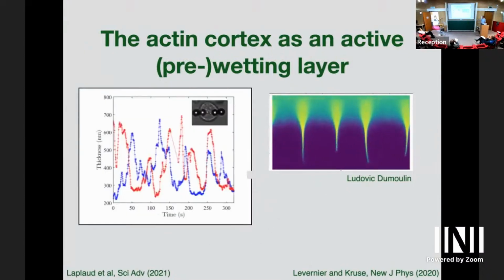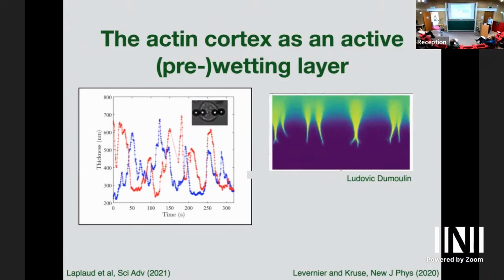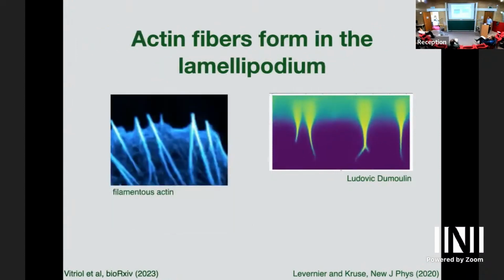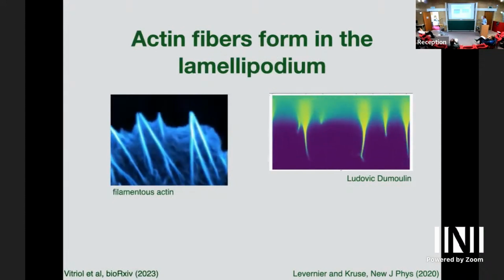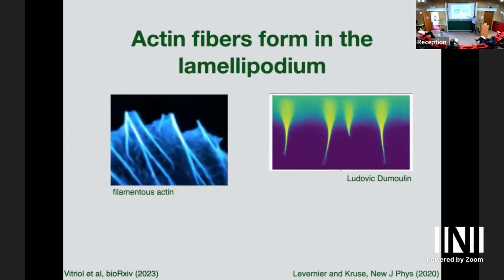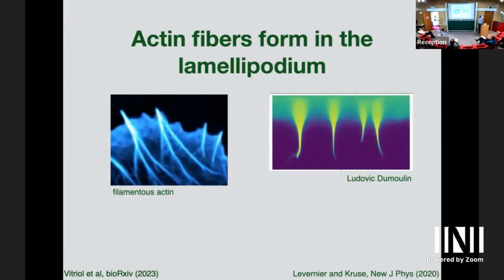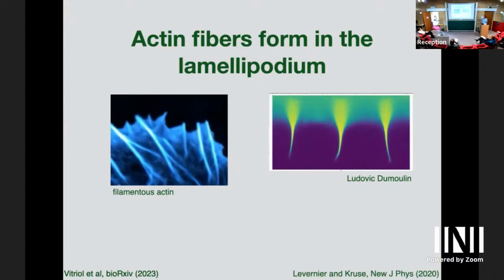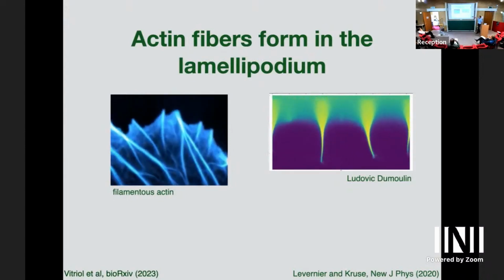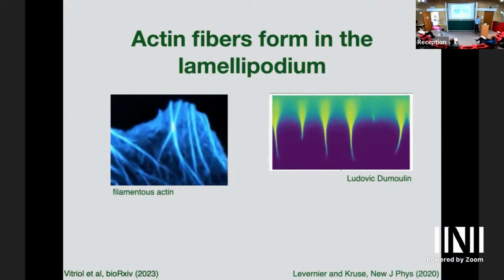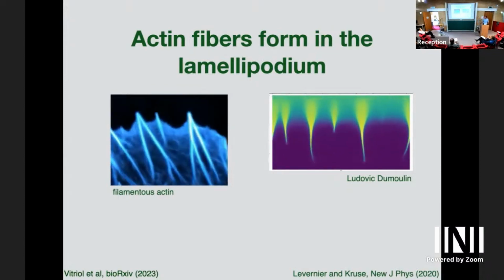Again, this might be, but we don't know, underlying the fluctuations that you see on the left. And it might be, and again for the time being we don't know, that they are also responsible for the formation of these structures that have been obtained in the experiments. Here you now see actin in blue, no longer red.